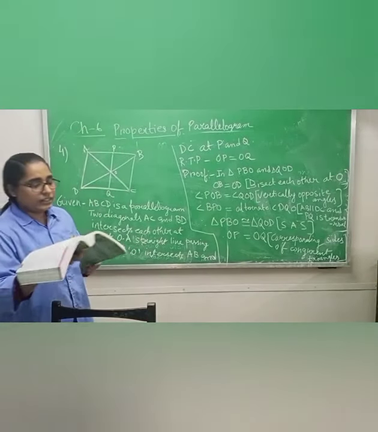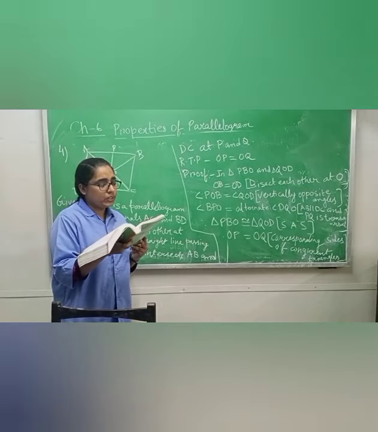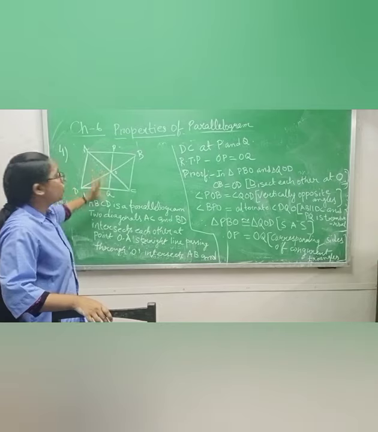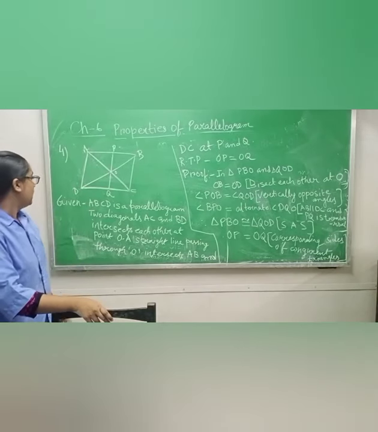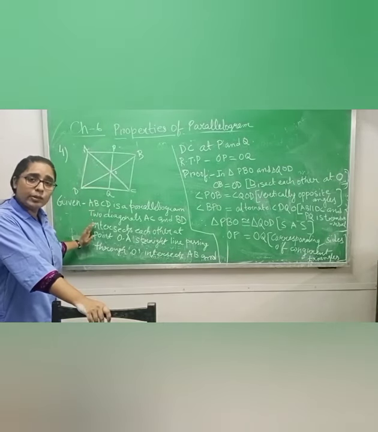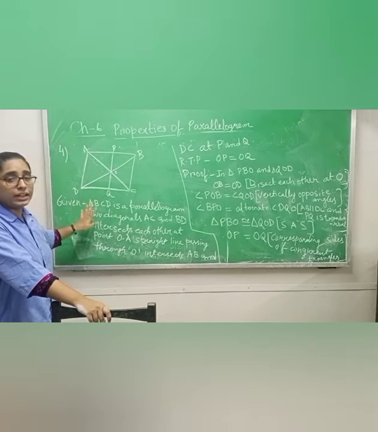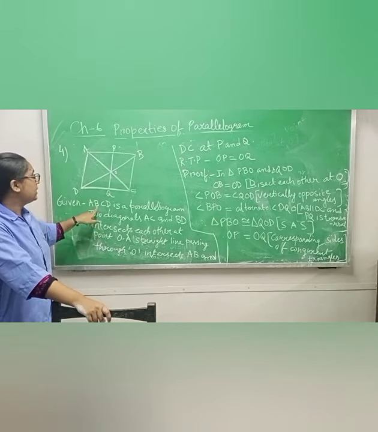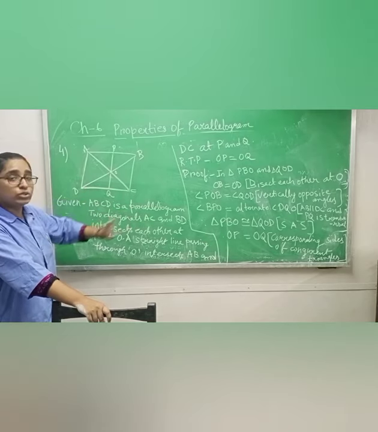And they are telling you to prove that OP equals OQ. We have to prove this one. Now in the given part, whatever is given in the question, that I am writing only. You can write from your book also. I have written that ABCD is a parallelogram.